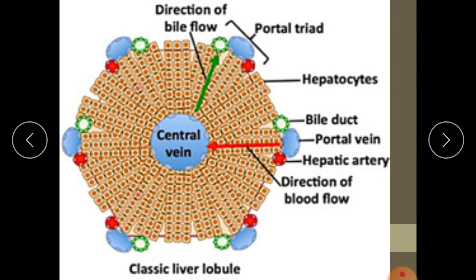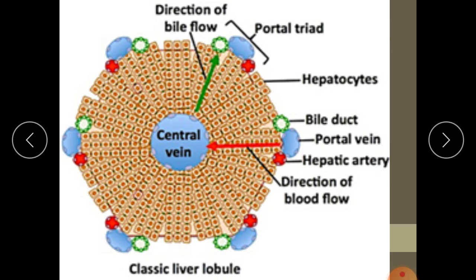Bile is secreted by the hepatic cells. Can you see here? These hepatic cells produce bile, and that bile moves towards the bile duct. So bile duct, portal vein, and hepatic artery, all these three together form the portal triad.